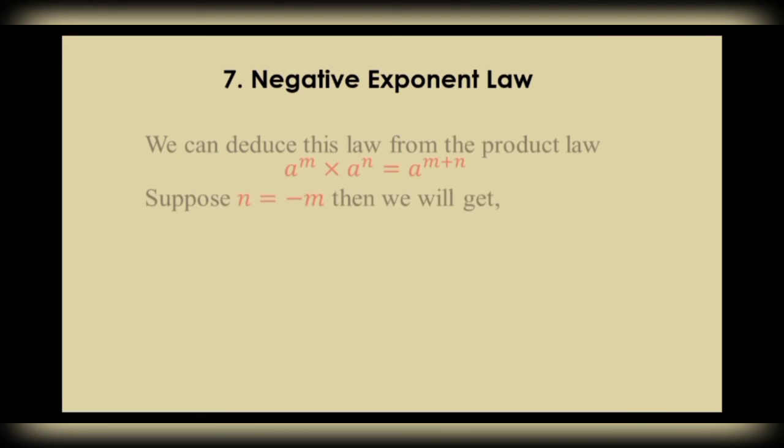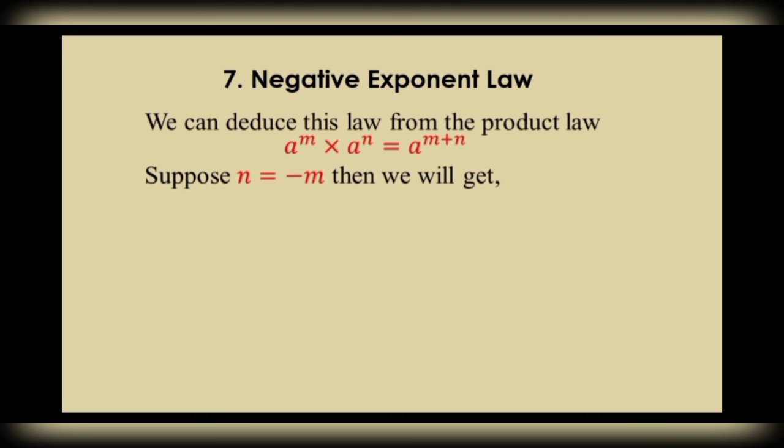Now the seventh law, the negative exponent law. We can deduce this law from the product law. Consider it: a to the power of m into a to the power of n is equal to a to the power of the sum of the exponents, m plus n. Suppose n is equal to minus m, then we get a to the power of m into a to the power of minus m.